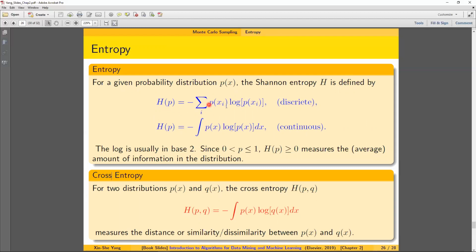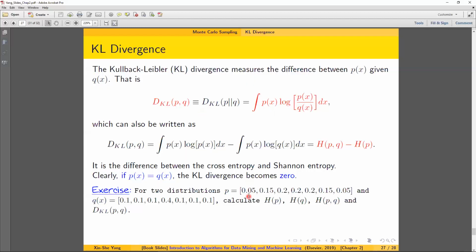For each realization, take the probability, calculate the log of p, do the multiplication between the probability and the log, and sum them up. Don't forget the negative sign. Once you calculate H(P), H(Q), and H(P,Q), you will be able to calculate the KL divergence. This is the exercise.